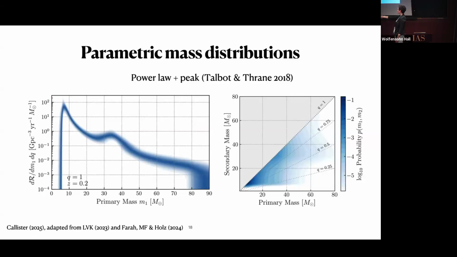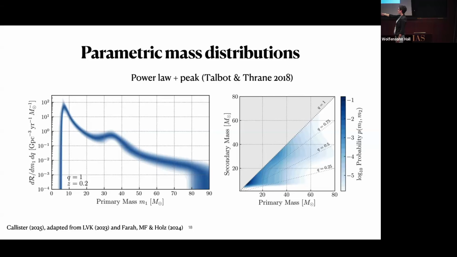So this is the rate as a function of primary mass at a fixed mass ratio, q equals 1, and a fixed redshift, 0.2. So if you integrate this over all masses, you will get a number in units of per cubic gigaparsec per year. And then you're integrating over solar mass, so that goes away.